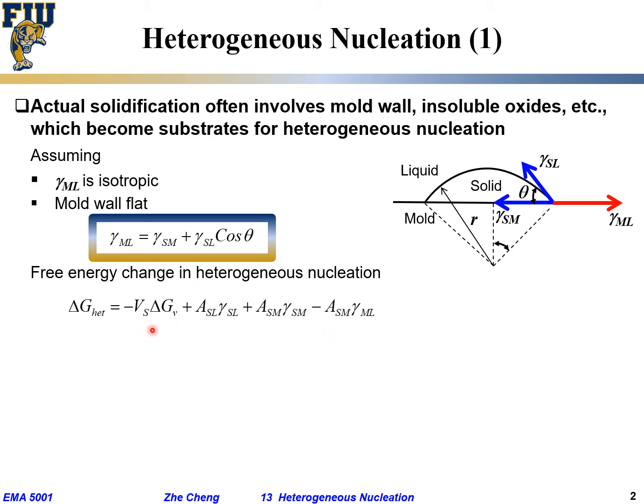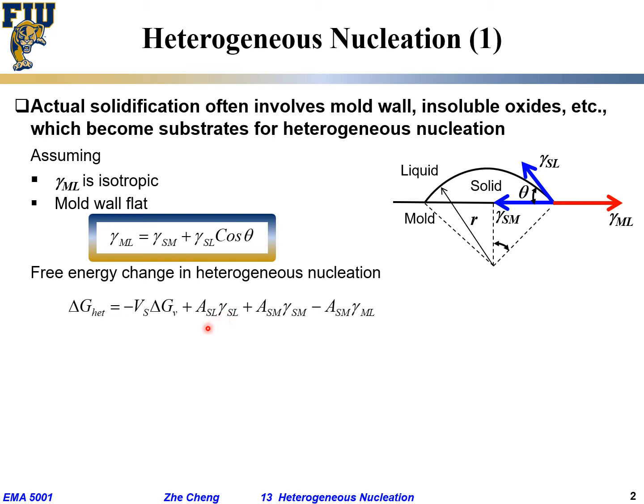The first term is delta GV, the volume free energy change, times Vs. What is Vs? The solid volume, which is our sphere cap volume. This term is our driving force. But then in this process we have two plus signs; we are adding two interfaces. What are those two interfaces?